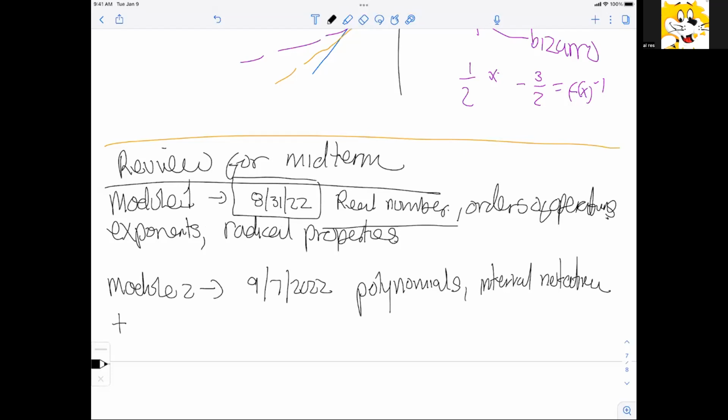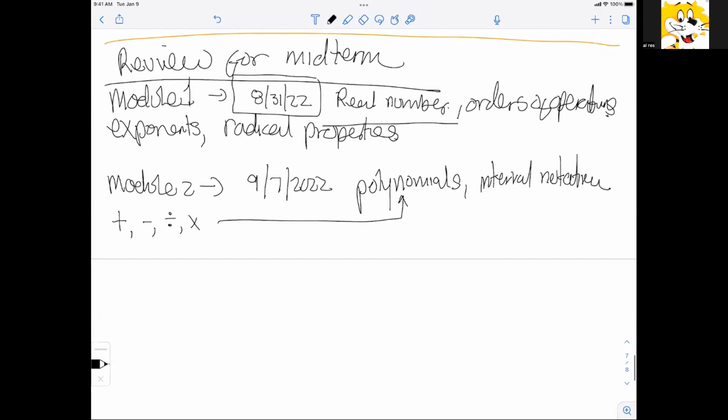Well, we did addition, we did subtraction, we did division, we did multiplication, right? Of polynomials. We also spoke about the greatest common factor. We spoke about simplification. We did FOIL.